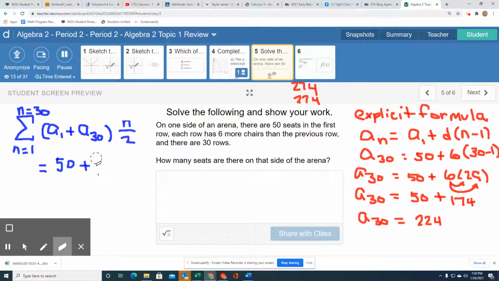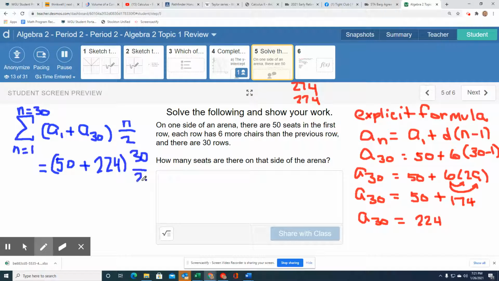So let me clean this up a little bit. Okay. And remember, our n is the number we're ending on, the term we're ending on. We're ending on the 30th term divided by 2. Well, we already know 50 and 224 equal 274.